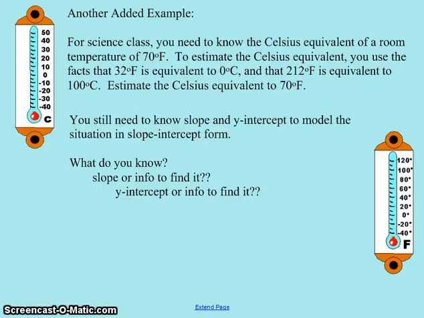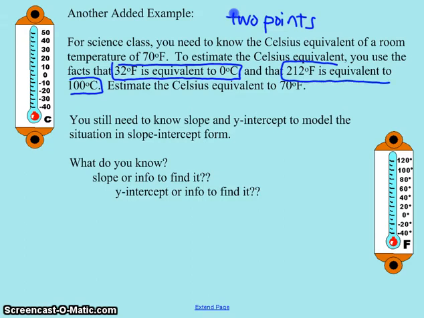Estimate the Celsius equivalent to 70 degrees Fahrenheit. I'm so sorry. If I'm looking at the story, I really don't see the word per or each or a ratio that would be slope. So they must have given me 2 points in this story. And my 2 points are the 32 and 0 and the 212 and 100.